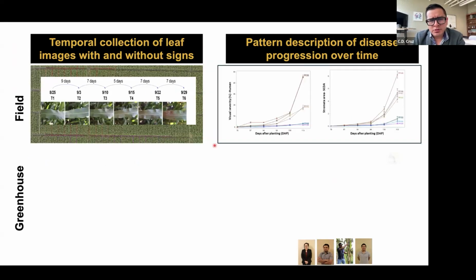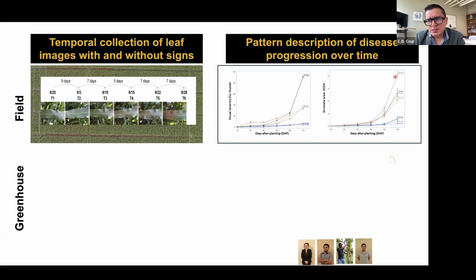For field conditions, I wanted you to take a look at what we did here. From microplot data collection, we went to the field at these different times, collected visual information, but also collected imagery. And we compared and contrasted the data sets and the disease progress curves.